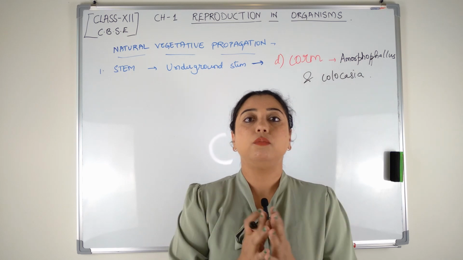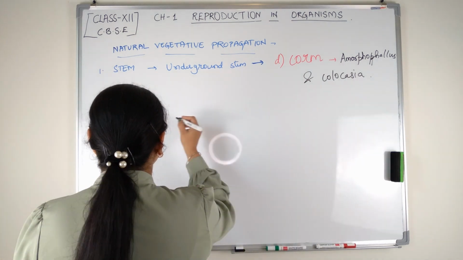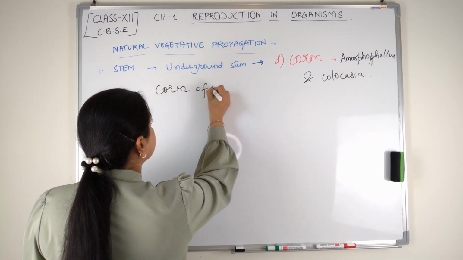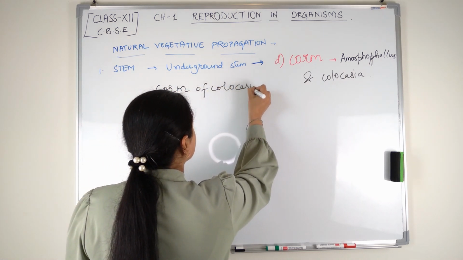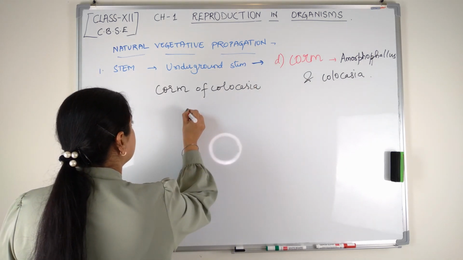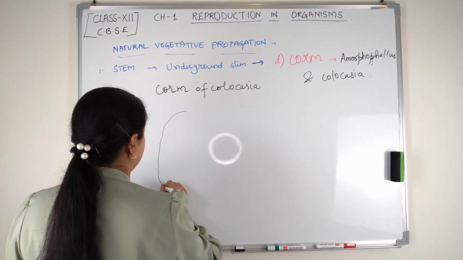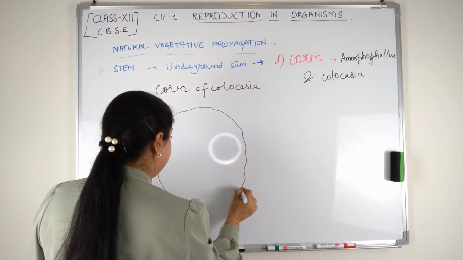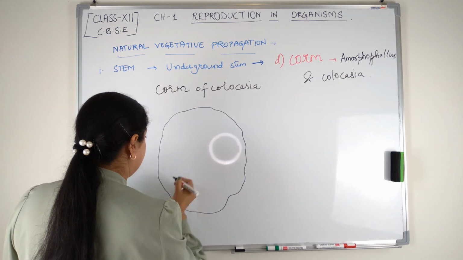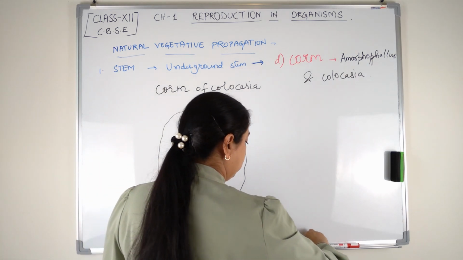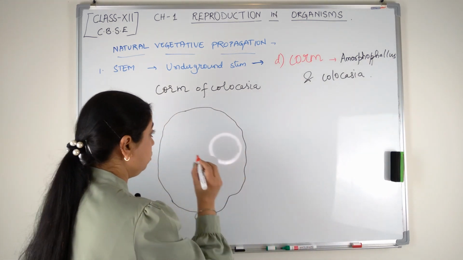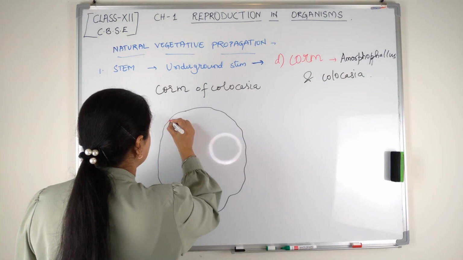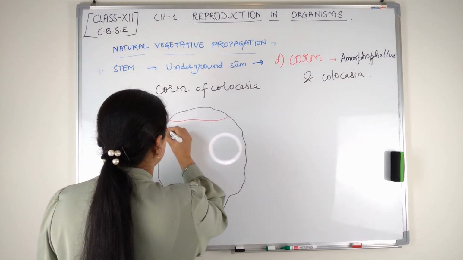So let's see how a corm looks like. It is a swollen structure with distinct nodes and internodes. They have ring-like nodes and internodes, circular structure like this.